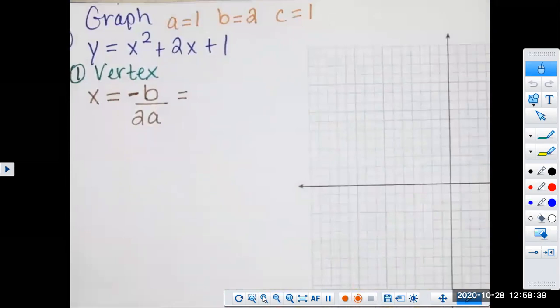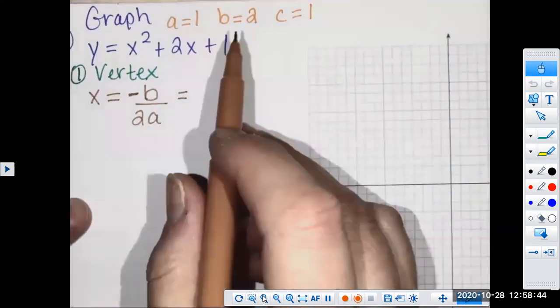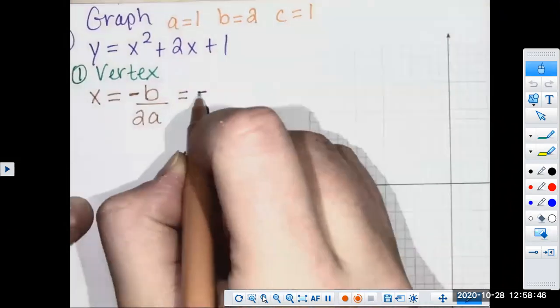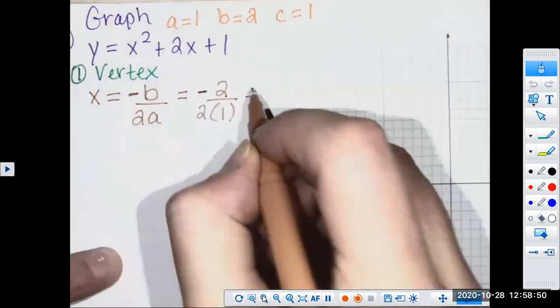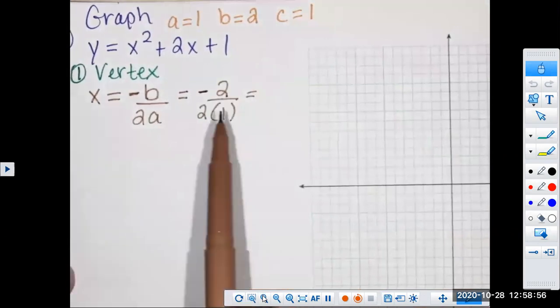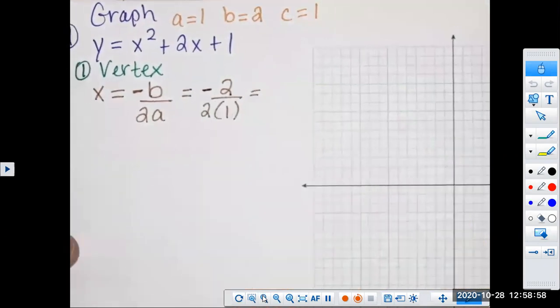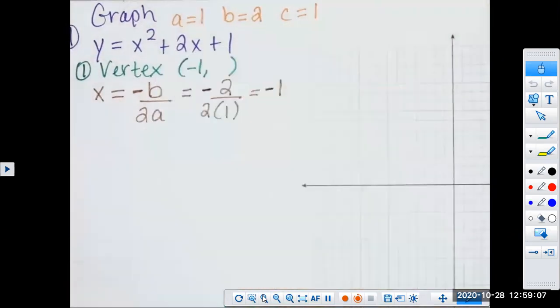All right, so going back to this, b was 2, so I plug in. A was 1, and then you just simplify that. What will all of this become? Negative 1. Okay, so we know my x coordinate, or half of it, so negative 1.